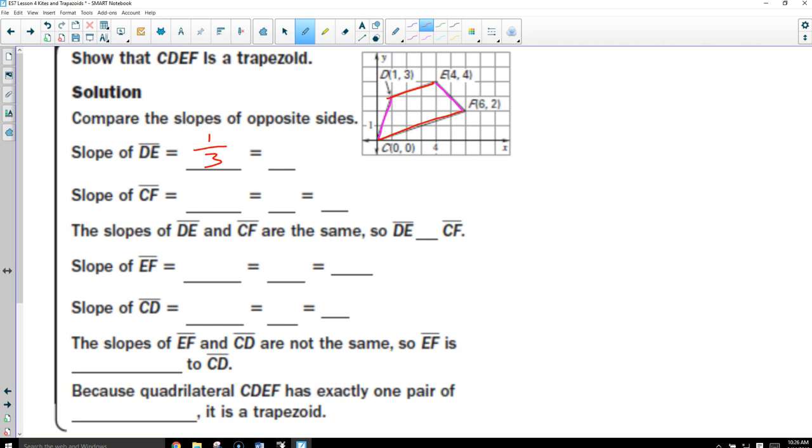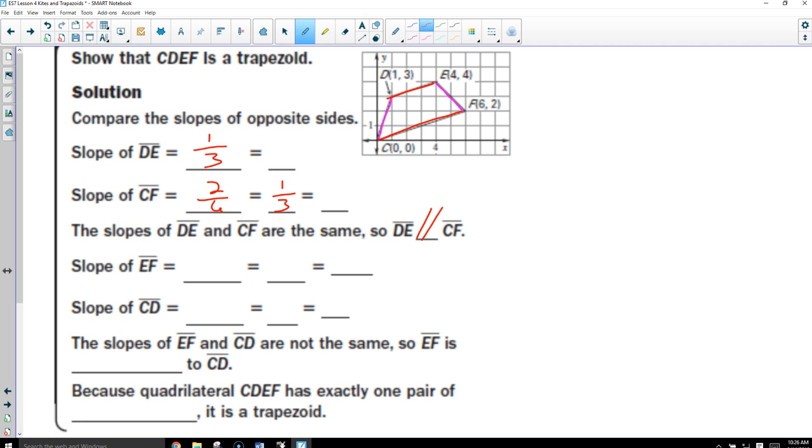The slope of CF, I can see that I'm going up 2 and over 6, which simplifies to be 1/3. So we know that DE and CF are definitely parallel. Now I need to show that the slopes of the other two lines are not the same.